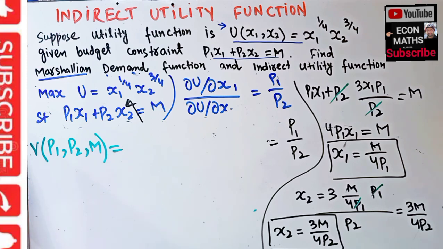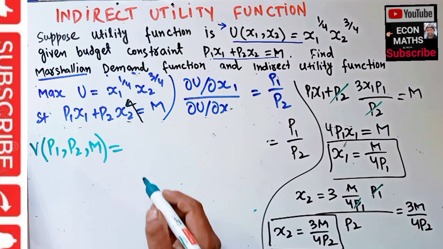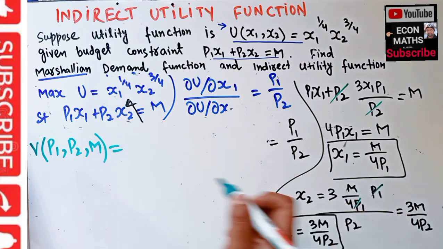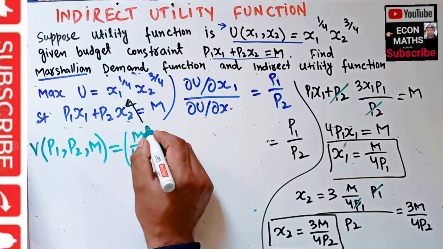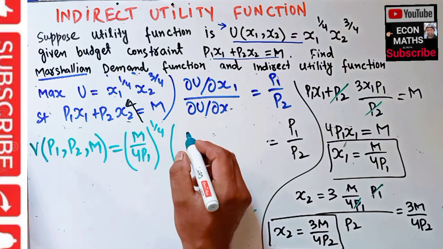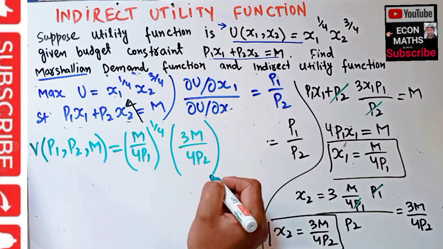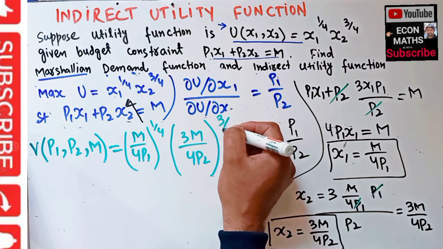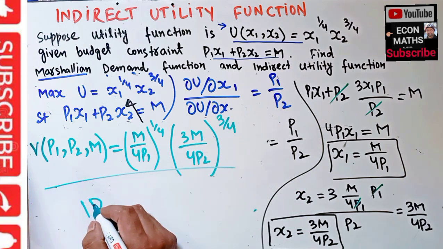So this denotes the indirect utility function. Simply plug the values of x1 and x2 into the direct utility function. In place of x1 we have m upon 4 p1 raised to the power 1 upon 4, and in place of x2 we have 3m upon 4 p2 raised to the power 3 upon 4. This is our indirect utility function.